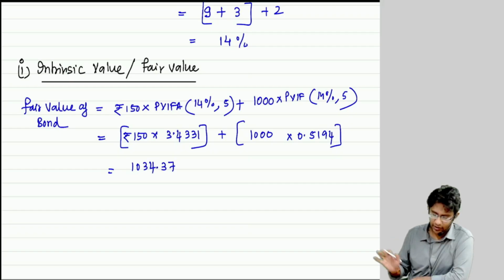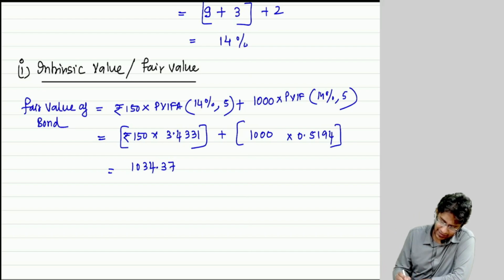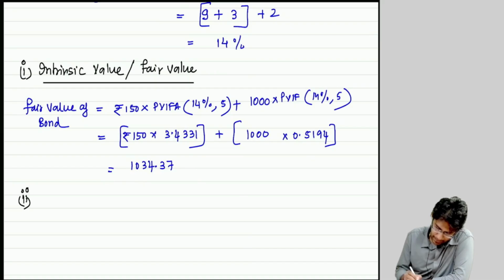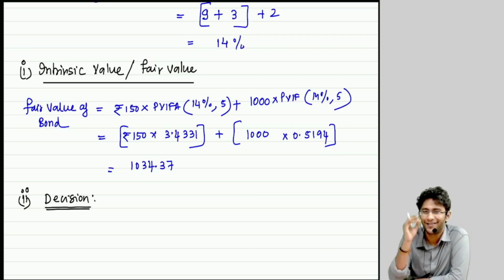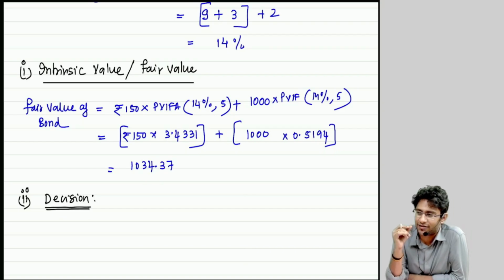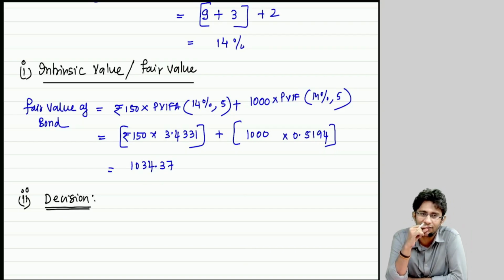1034.36537. Okay, fine. It is the fair value of the bond. What is the question he asked? Should you invest in the bond? How do you decide? What is the actual price? 1025.86.